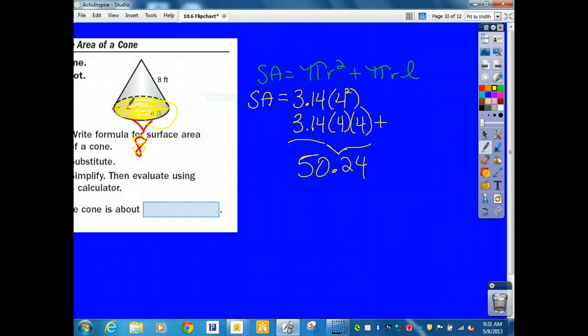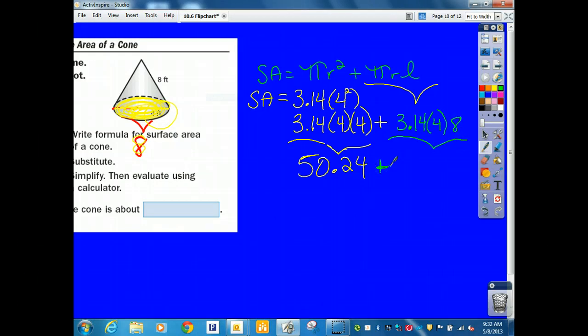Now let's find the surface area of the cone. That is this part, pi, which is, again, in your calculator, use 3.14 instead of the pi key, so we come up with the same answer, times the radius, which was 4. Now what's my slant height on the cone? 8. On your calculator, what do you come up with then?